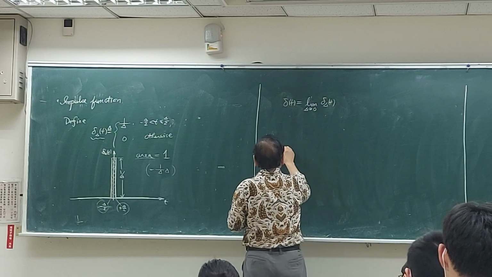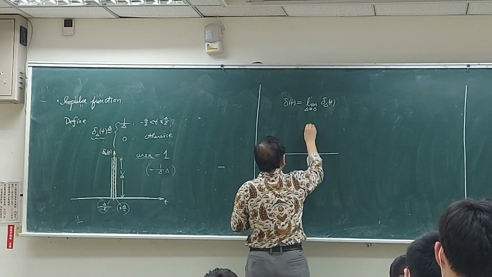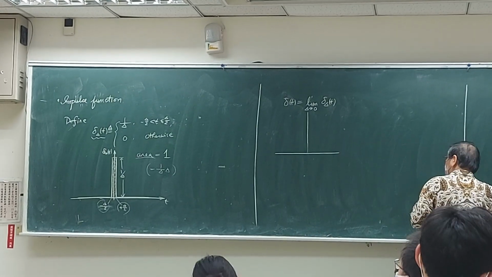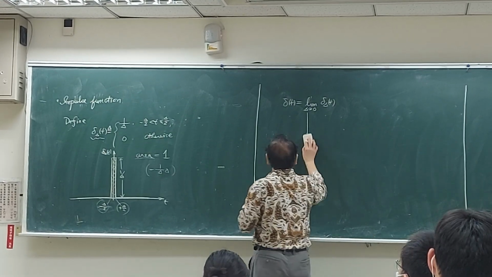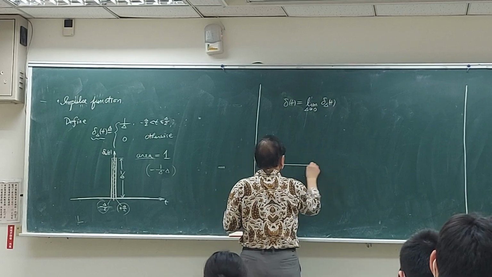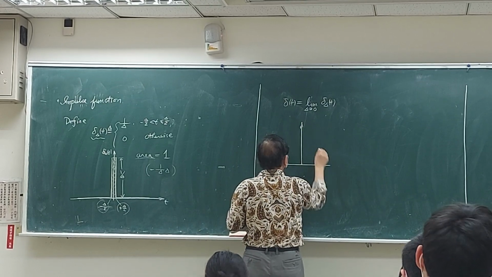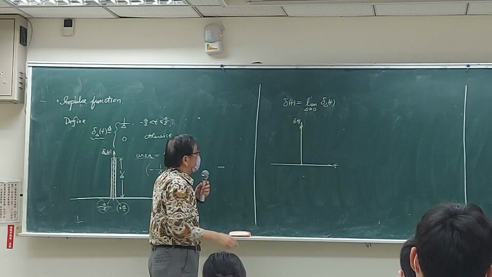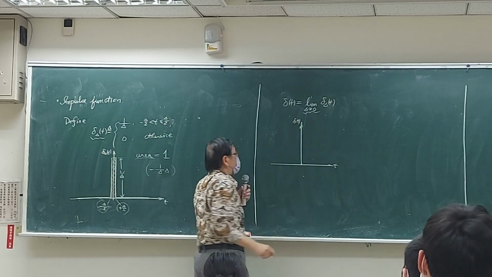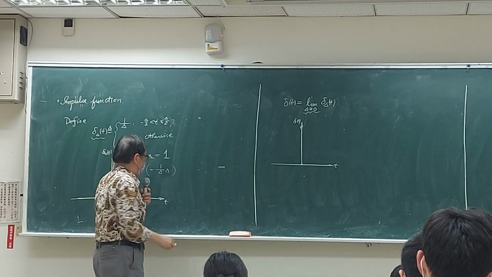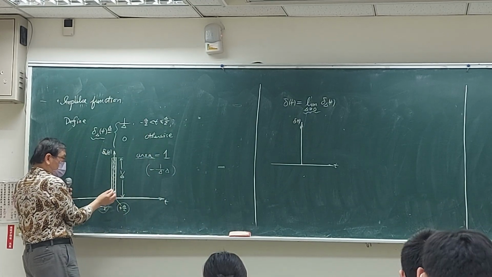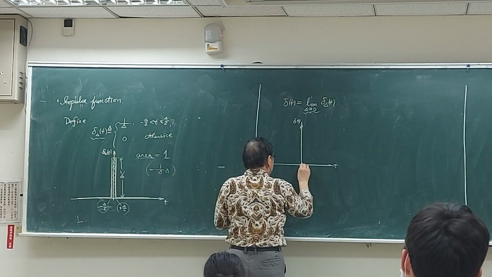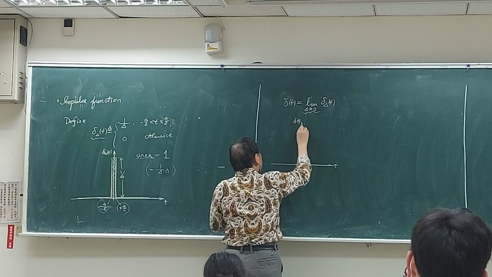In this case, since delta approaches 0, the width of the strip approaches 0, so it becomes very, very narrow, but the height becomes very, very big.